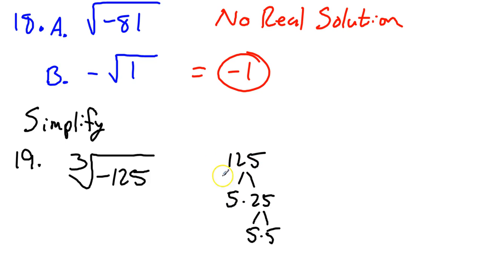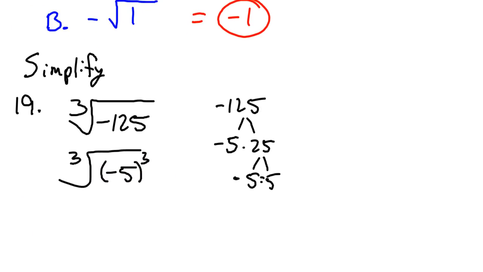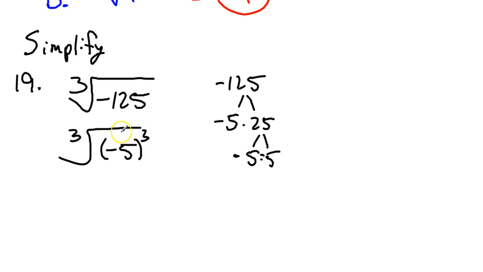And because it's negative, you could do a negative 5 times 25, and with that one you can make both of those negative, because a negative times a negative would be a positive. So that's the third root of negative 5 cubed, because you have 3 negative 5s. Third root and third power cancel each other out. So that should just come out to be negative 5.